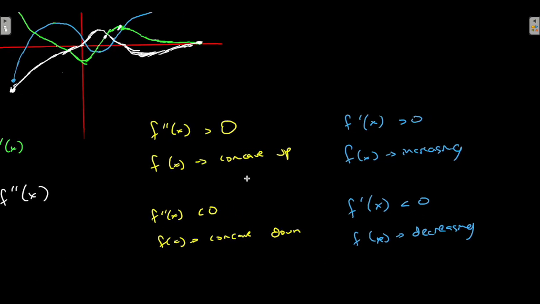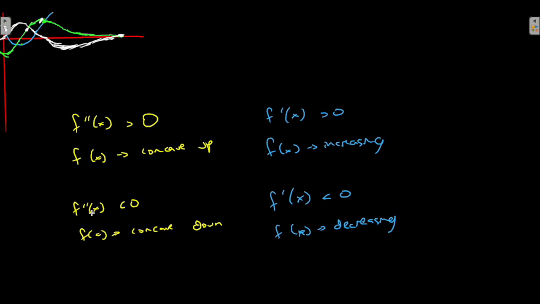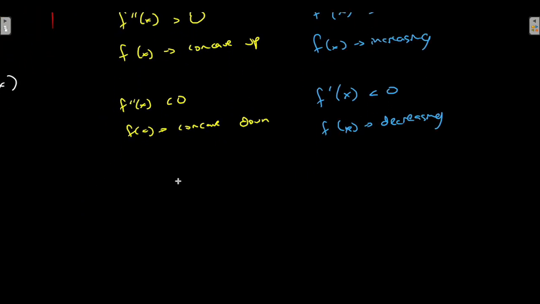And we can define a point of inflection when f of x changes concavity. When does it change from concave up to concave down? Basically when f double prime of x changes from positive to negative or negative to positive. So f double prime of x, positive to negative.